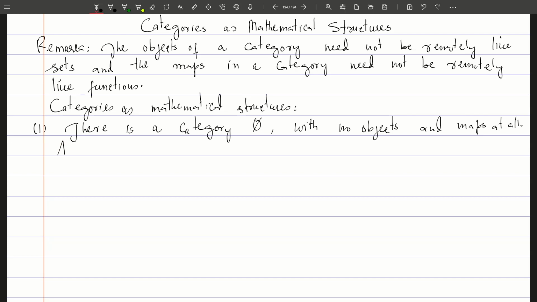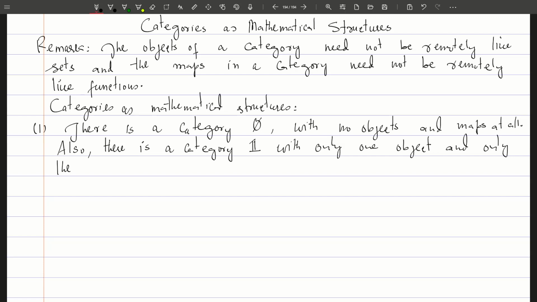Also there is a category 1, denoted by the bold one, with exactly one object and only one map, that is the identity map on the object.